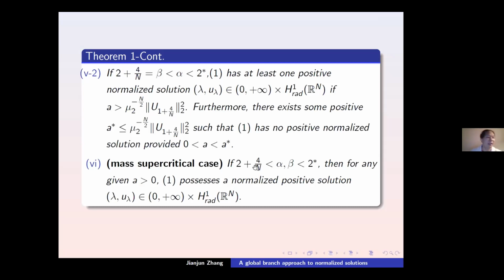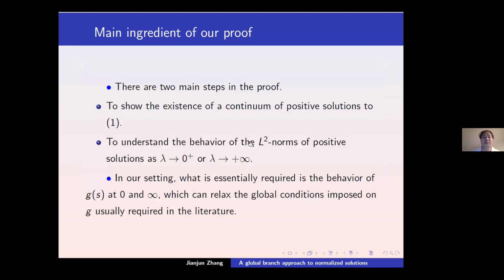In the following, I will give the proof. Our proof mainly depends on the following steps. First, we show the existence of a continuum of positive solutions. Usually, we should understand the behavior of the L2 norm of positive solutions as lambda goes to 0 or lambda goes to plus infinity.